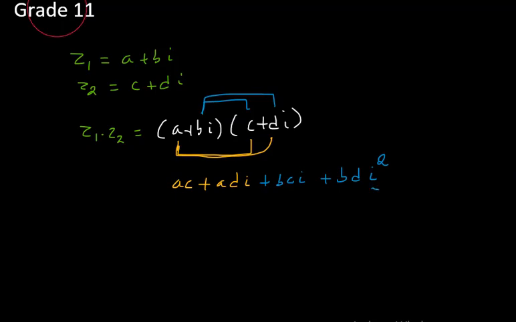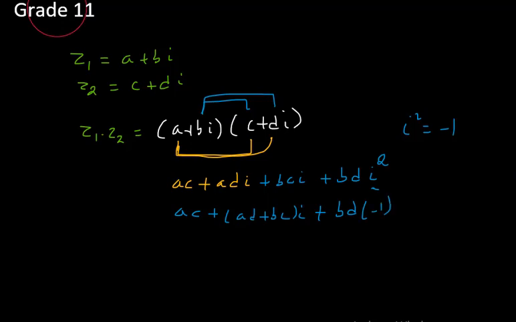So you can combine here ac, plus, since i is common, ad plus bc times i, plus bd times i squared. Since i squared is the same as -1, instead of i squared, substitute -1.